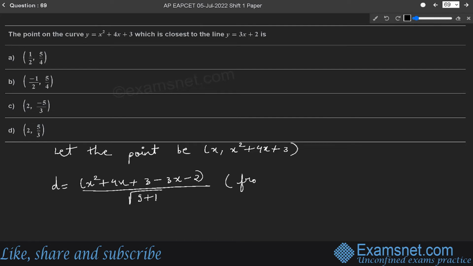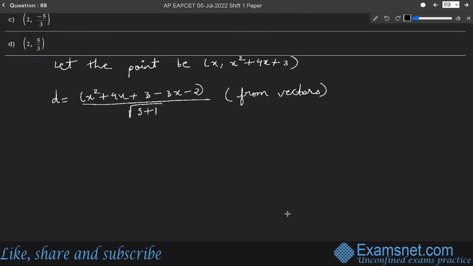It is from the vectors. Therefore, d will be equal to modulus of x square plus x plus 1, divided by under root of 9 plus 1. Now, d by dx of d will be equal to 2x plus 1.